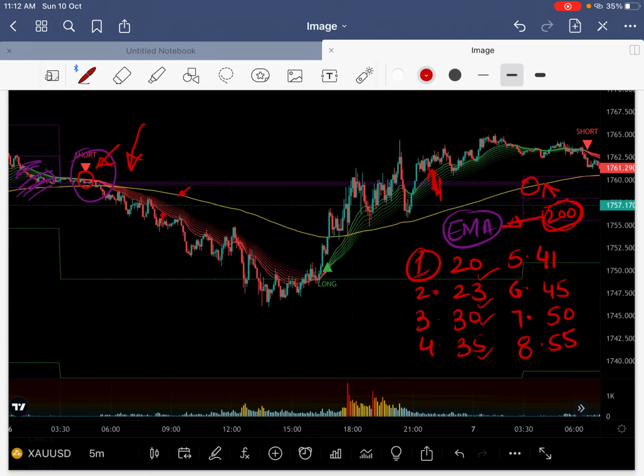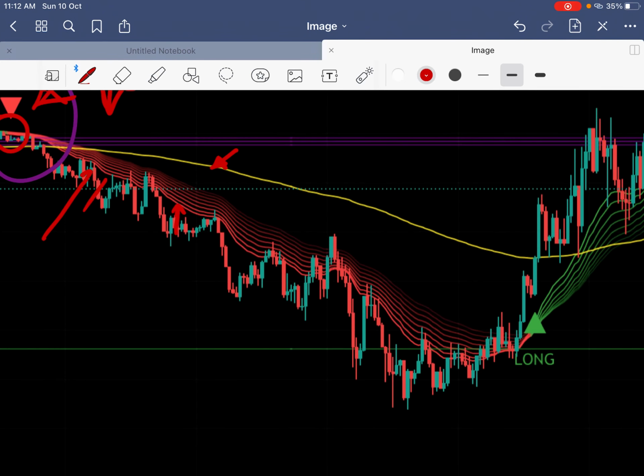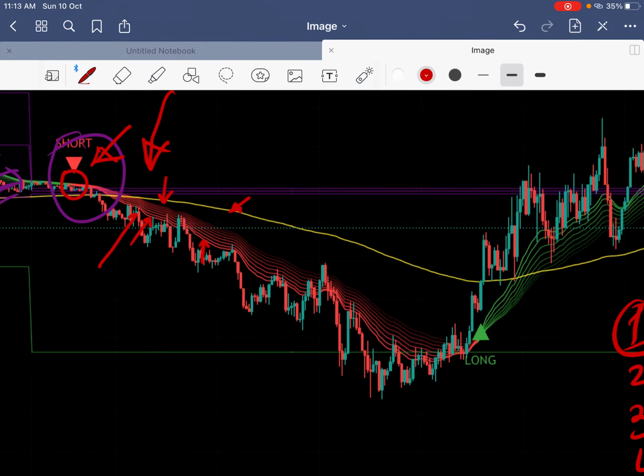If we take the example of a short entry, the shortest period moving average is below all of the other moving averages, and the longest period is above all of them. Let me just clear this again and share it again so that you get a better idea.